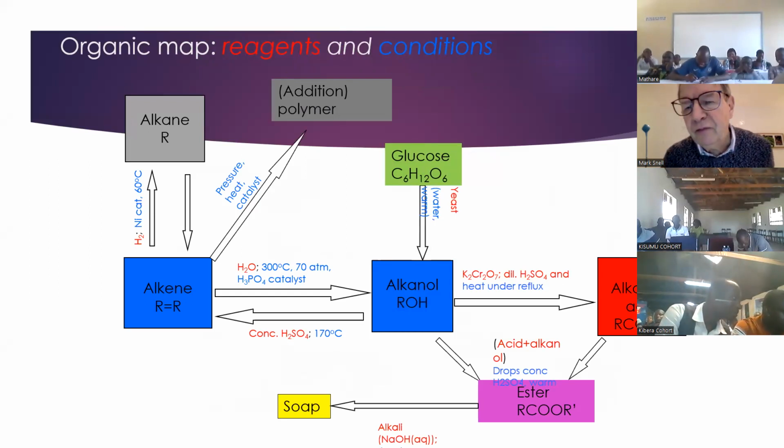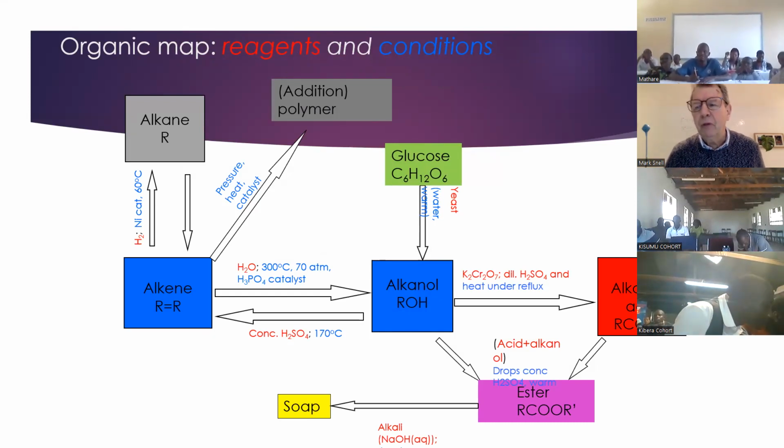Now, if the students can have a mental memory of this map, they can start to test themselves on how you make an alkanol from an alkene: steam, 300 degrees, 70 atmospheres, phosphoric acid catalyst. On its own that is a horrible piece of information to remember.